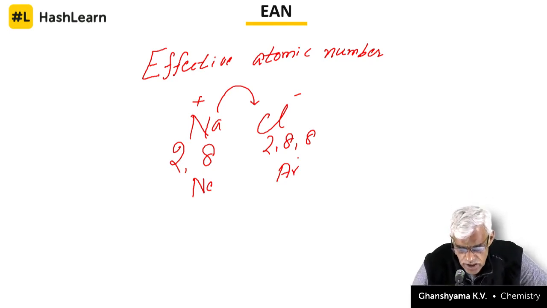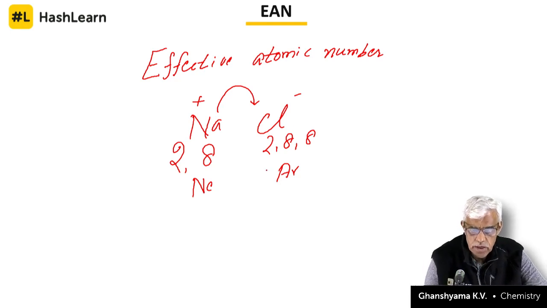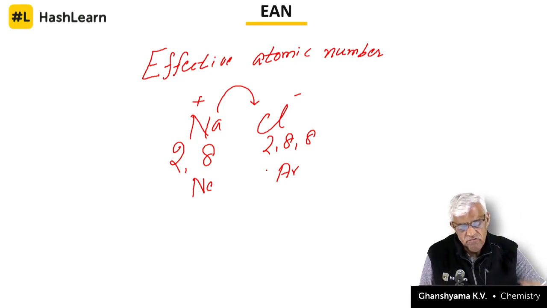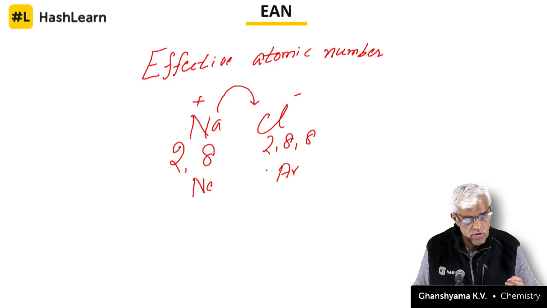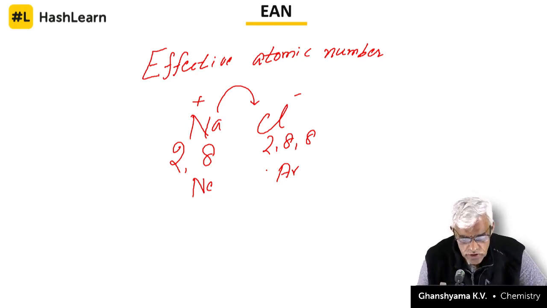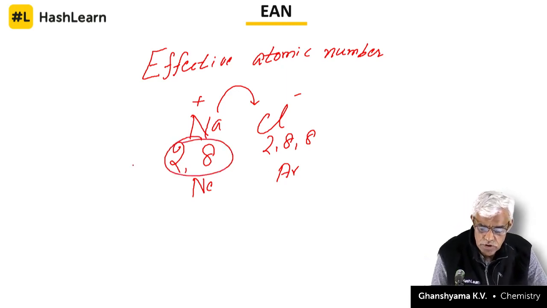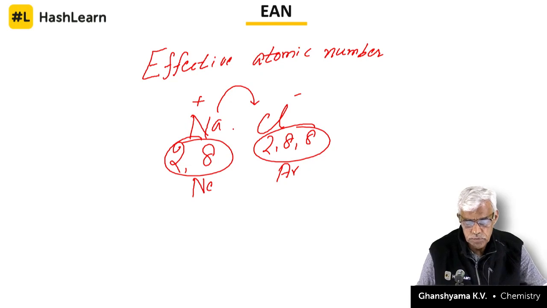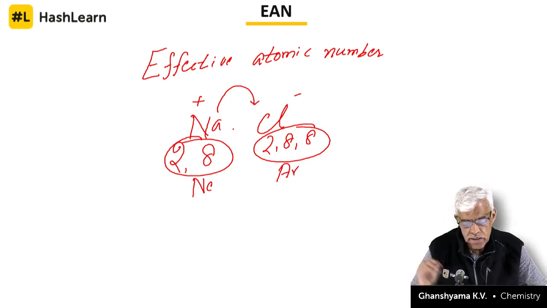They attain the electronic configuration of the noble gas. So every atom, while forming compounds, whether it is covalent, coordinate or ionic, tries to attain the octet structure of the nearest noble gas atom.